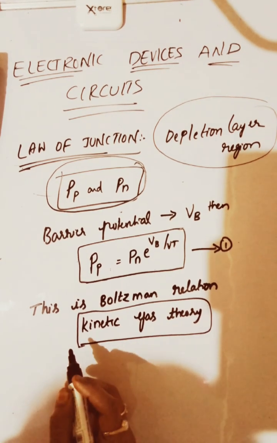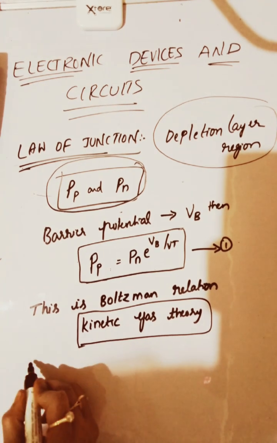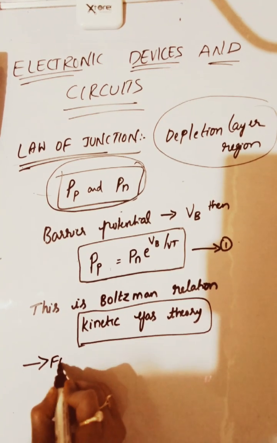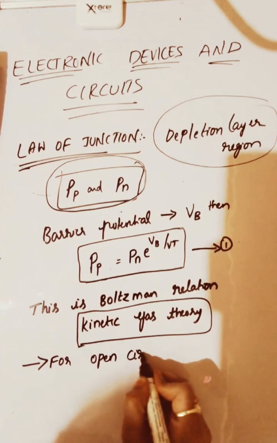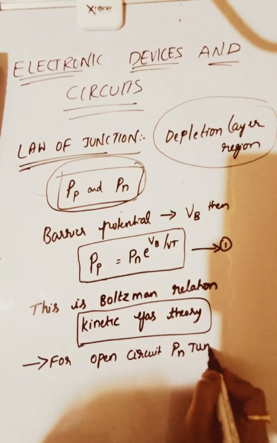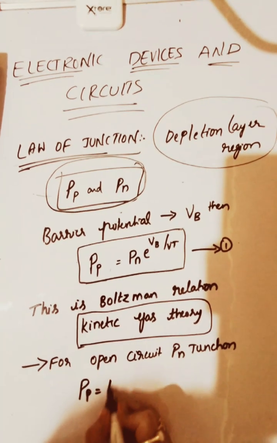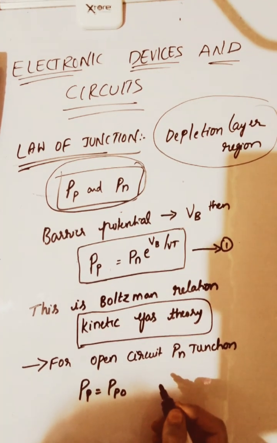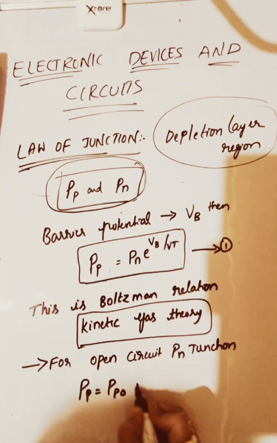Now for an open circuit PN junction, PP is equal to PP naught, or P0.